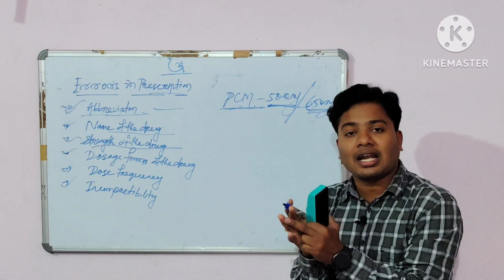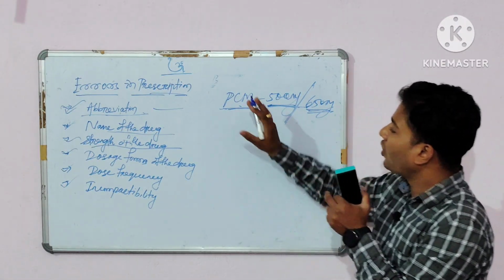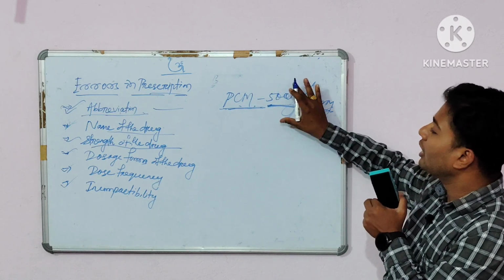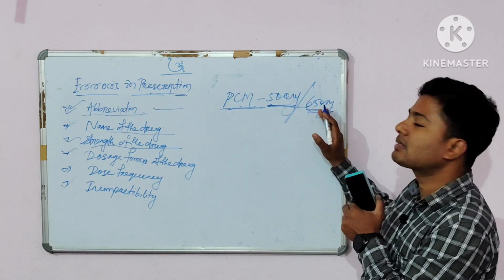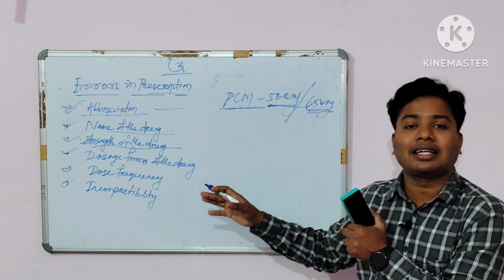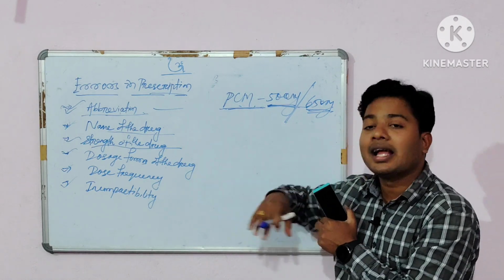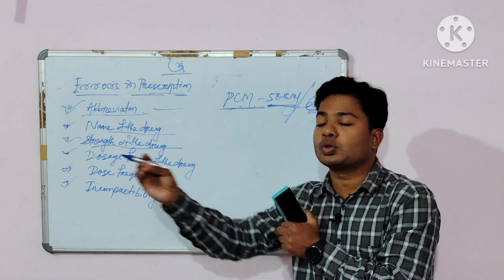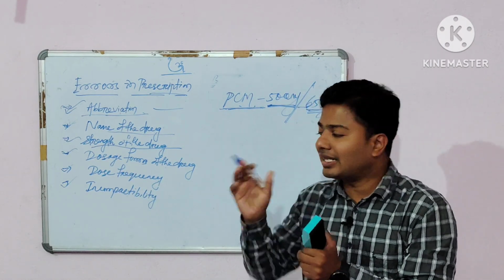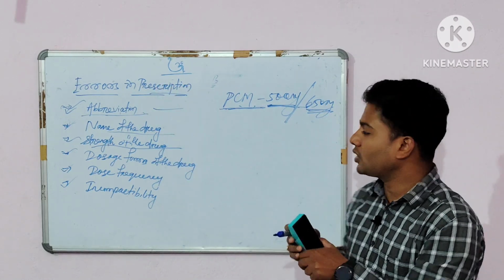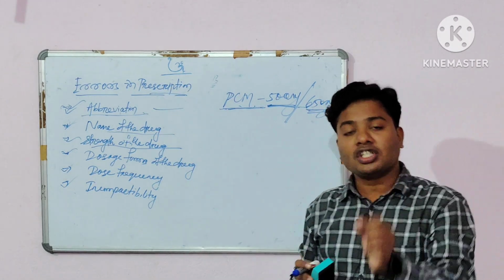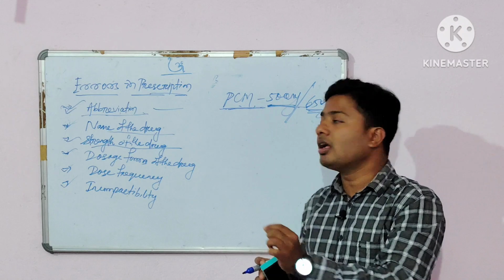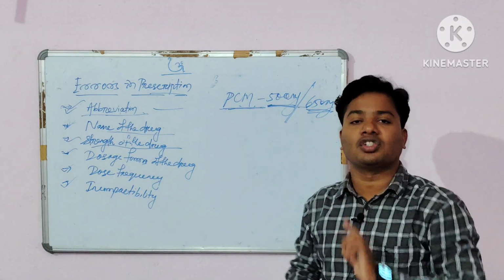If the physician has not mentioned properly whether it is 500 or 650 mg, then definitely at that time the pharmacist gives the wrong dose to the patient. Clear? And that is under the errors in prescription. So that's why a physician must write the proper quantities of the medicines.